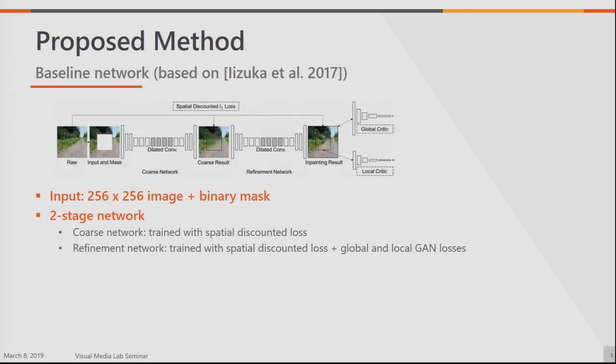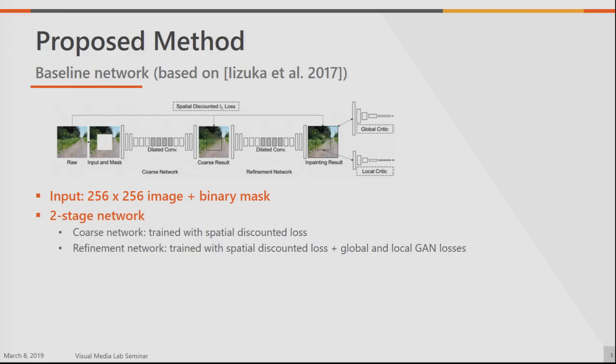The network takes a 256 by 256 image as input, and also a binary mask. You cannot see it here on the picture, but the image has 4 channels, so 3 channels for RGB information, and then 1 channel for the binary mask, so a 0 or a 1, that says whether the pixel needs to be inpainted or not.